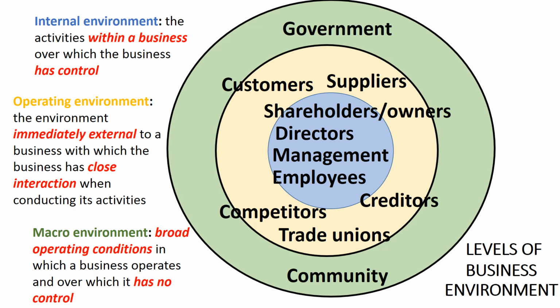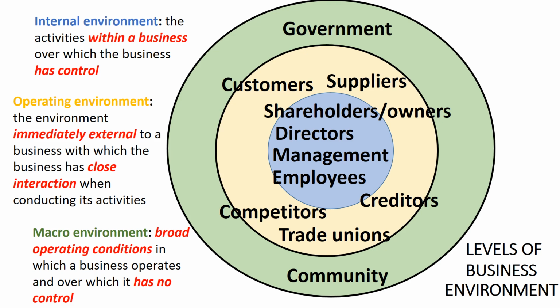However, a business can also have a negative impact on the community, for example, where it pollutes the environment. Now, unlike the other environments, a business has no real control over the community as a stakeholder for the business. It can't make the community do what the business wants it to do.